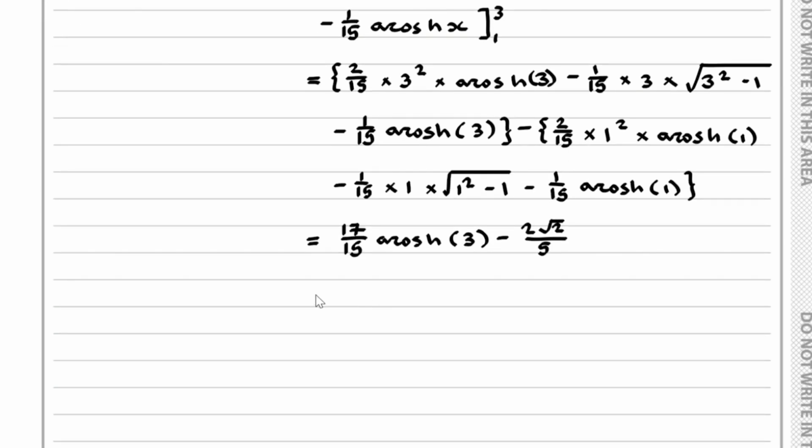And if we factorize out a 1 over 15, we've got 17 times by the inverse hyperbolic cosine of 3 minus 6 root 2.